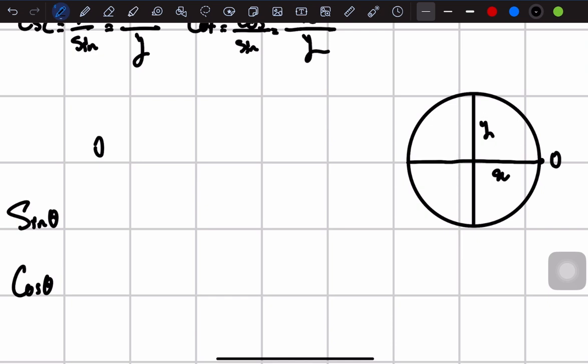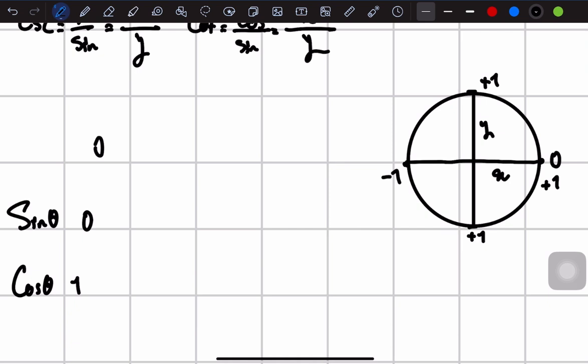We don't have any number on the y-axis, so sine is 0 at point 0. And what about cosine? We said the range of cosine and sine is positive and negative 1. Let me draw them here. At point 0, we have the cosine of 1 and sine of 0.